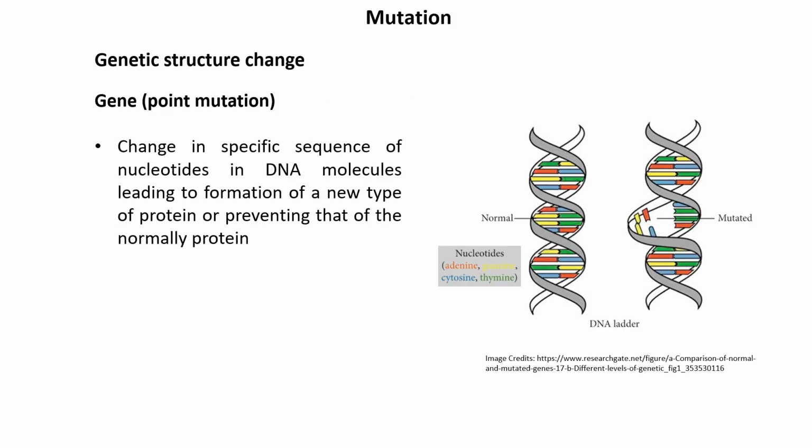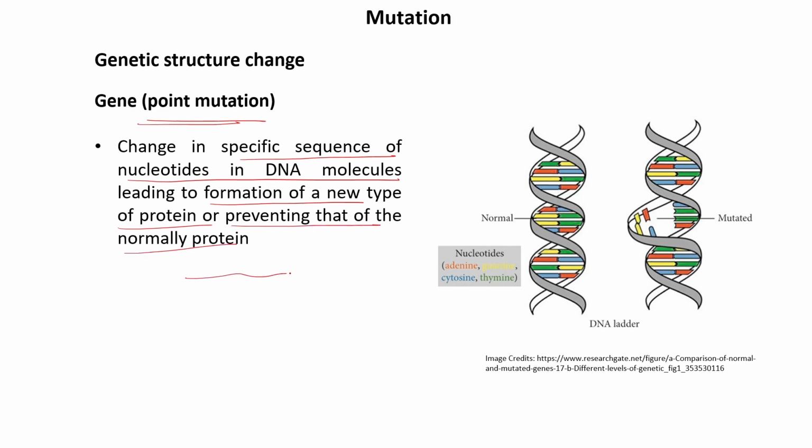Gene mutation is also called point mutation. It is a change in the specific sequence of the nucleotides in DNA molecules, leading to the formation of a new type of protein or preventing that of the normal protein.